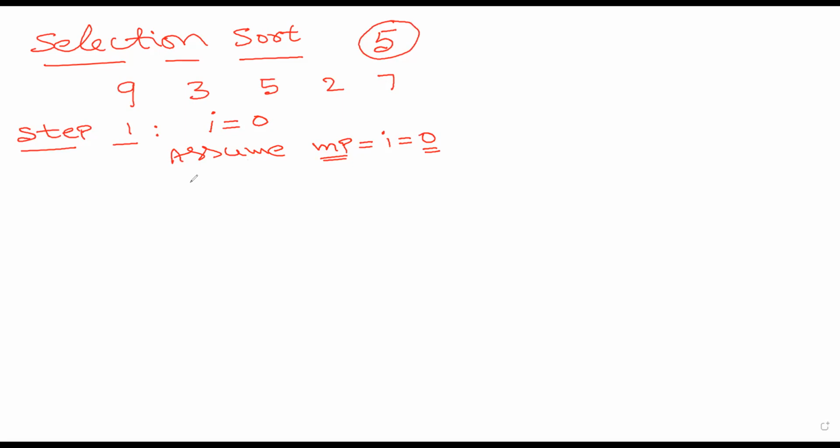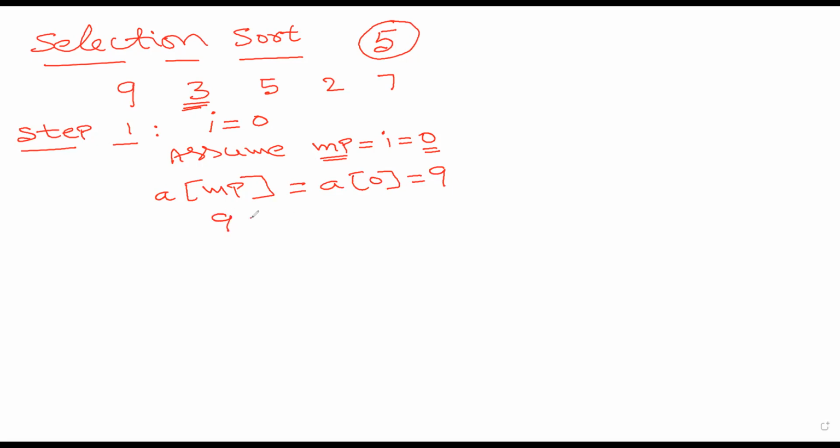After that, we start our comparison with the next elements up to the last position. We compare A of minimum position with the next position, A of 1. A of minimum position is A of 0, and the value present at the 0th position is 9.